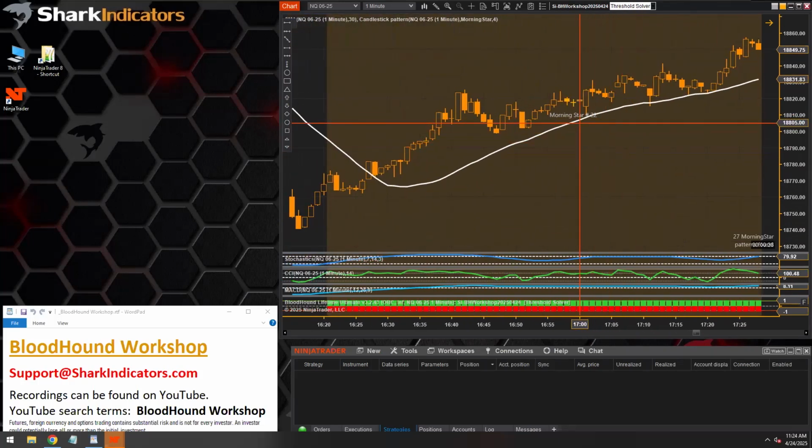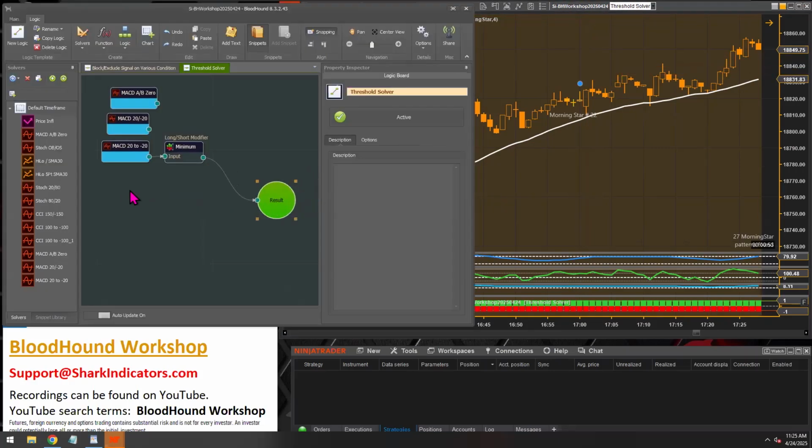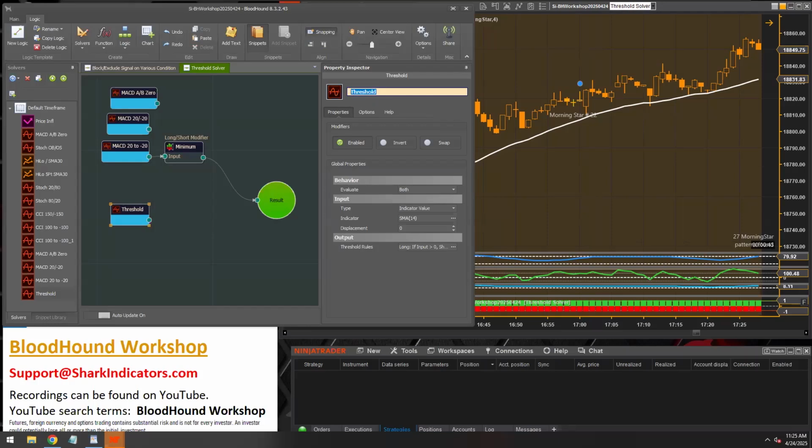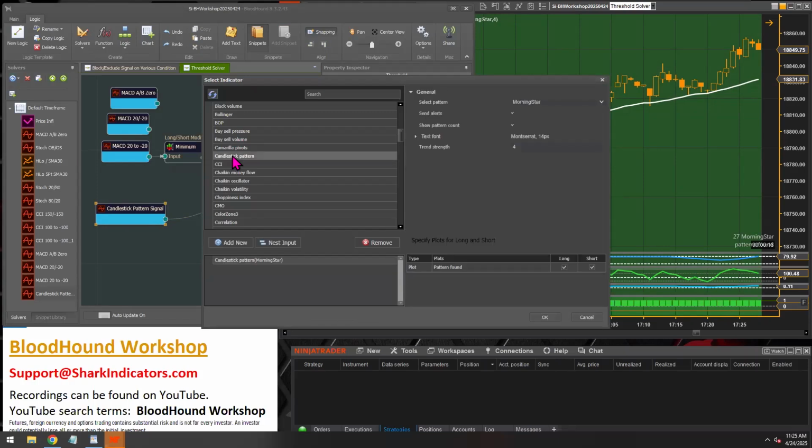And let's see, which bar is it? I think it's that bar. We'll find out here in just a moment. All right, grab another threshold solver. There. So we're looking for a candlestick pattern signal. Let's connect that up, and let's plug in our candlestick indicator. There it is. So it does default to the morning star. Trend strength is 4.